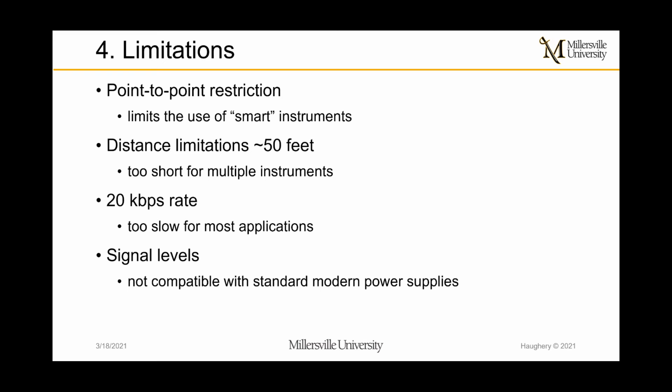The next one is the 50 feet distance limitation that I just talked about. This is a problem when you're trying to connect multiple instruments to each other. The 20 kilobyte per second rate is another limitation, being too slow for most applications, as well as the signal levels, like I talked about, not being compatible with most standard power supplies.